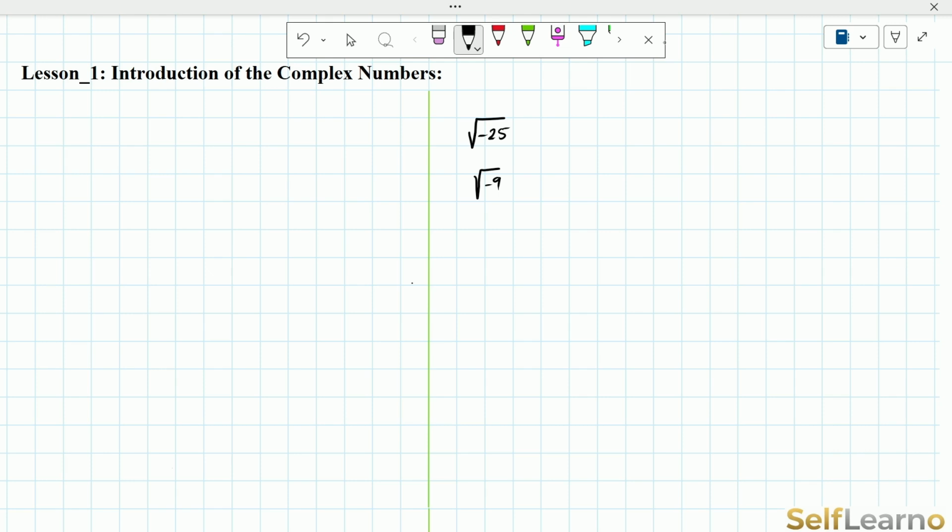But now at level 3, we want to discuss the square root of negative numbers. And that is why today I am going to introduce a new type of number system, and that is called the complex number system. And the whole base of this complex number is square root of negative 1.